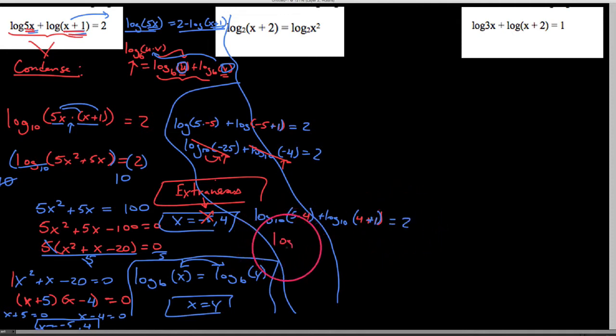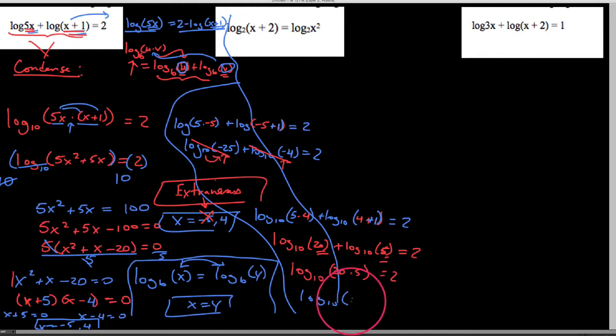So basically we get log base 10 of 20 plus log base 10 of 5 equals 2, and I can prove that this is very true because if we condense these logarithmic expressions here, we get log base 10 of 20 times 5, putting these back together, is equal to 2. In other words, log base 10 of 100 is very much 2 because 10 to the second power equals 100.